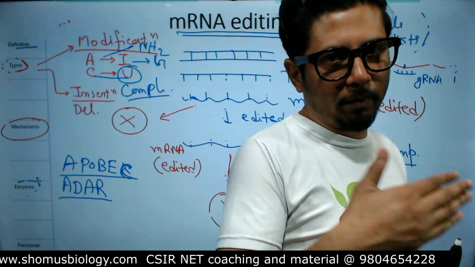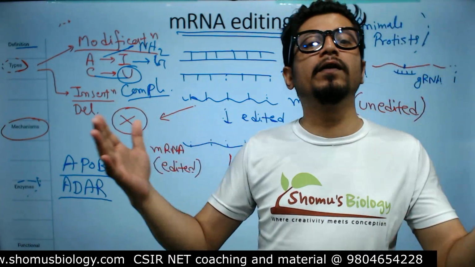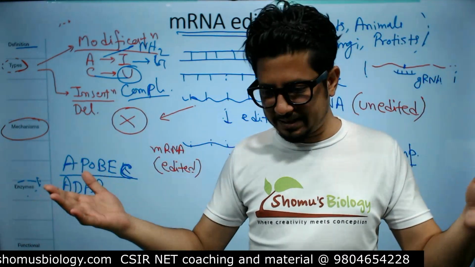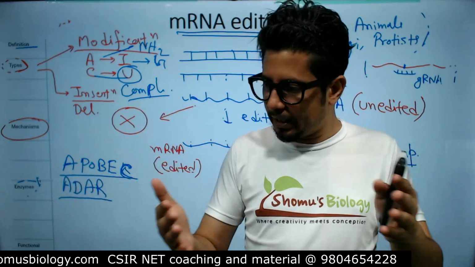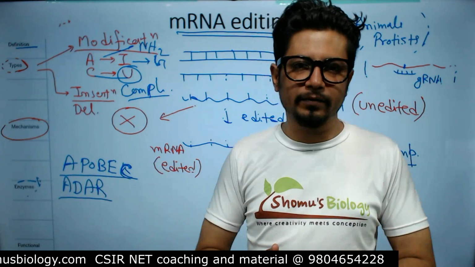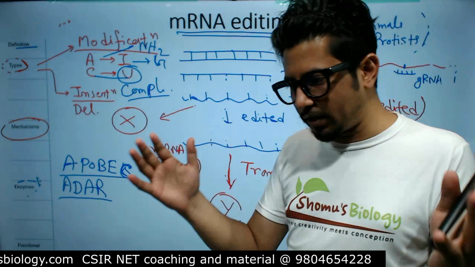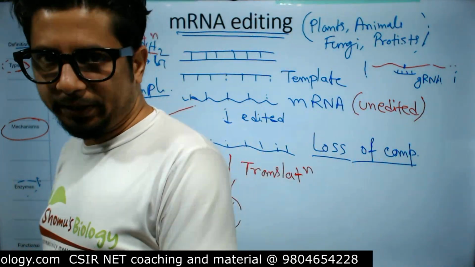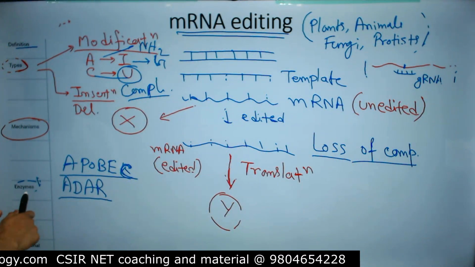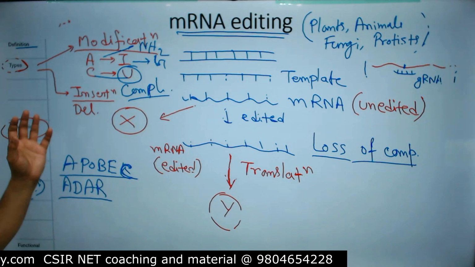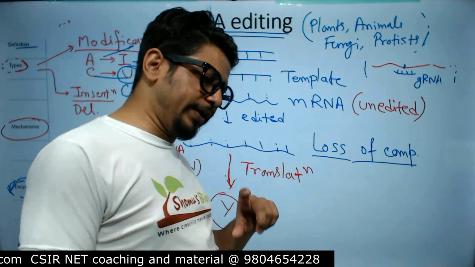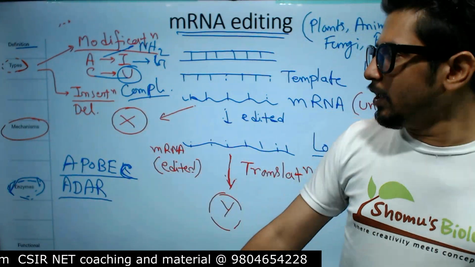This apolipoprotein is modified to different forms of different protein lengths. One is a bigger one, another is a truncated form. Both of these forms have different functions to play in the body. That is how it's done. These are the types of enzymes that are actually involved in the process of mRNA editing.